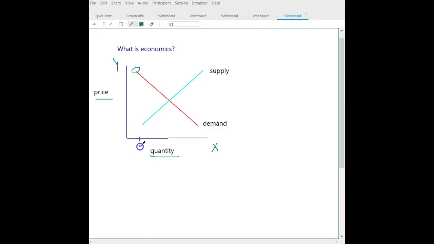We have, for example, 1, 2, 3. We're just using these numbers as an example, and we're going to say that it's still pertaining to cars.